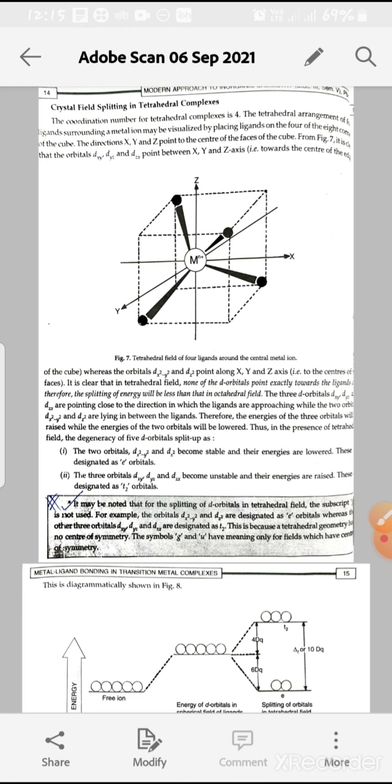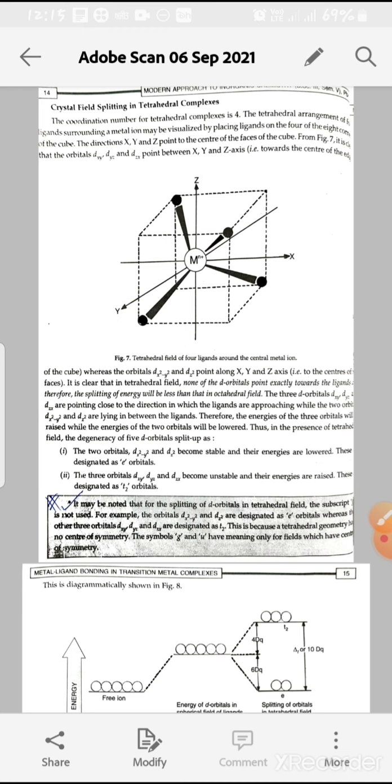The orbitals dxy, dyz, and dzx point between the axes, that is towards the center of the edges of the cube, whereas the orbitals dx square minus y square and dz square point along the x, y, z axes, that is the centers of the faces.